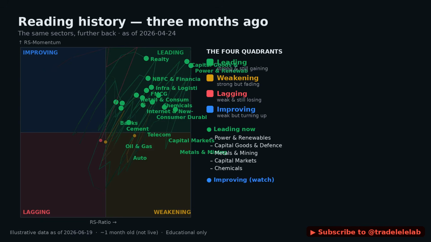Studying how the picture changed from one date to another is how you train your eye to anticipate the clockwise rotation. Because we have several years of data, you can roll back to almost any past date and study how the market rotated, all without ever needing live data.